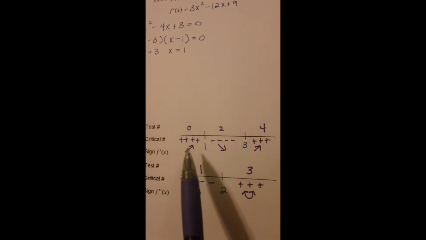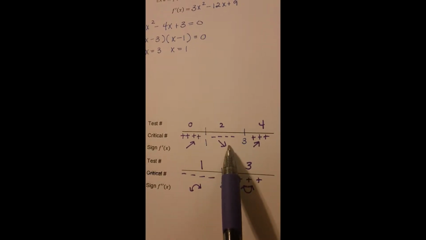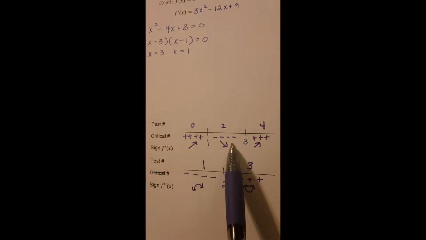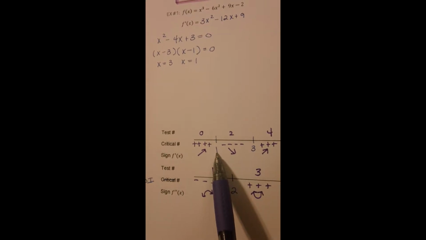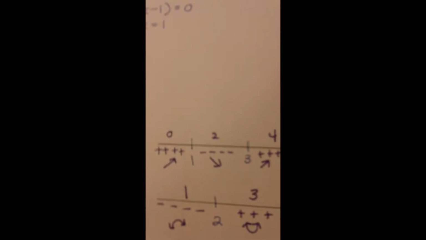On our first derivative test, it went from increasing to decreasing, which means that at 1, we're going to have some type of maximum. So if we plug 1 into the original function, this is really 1, 2.